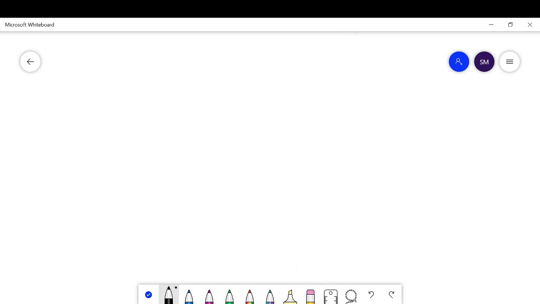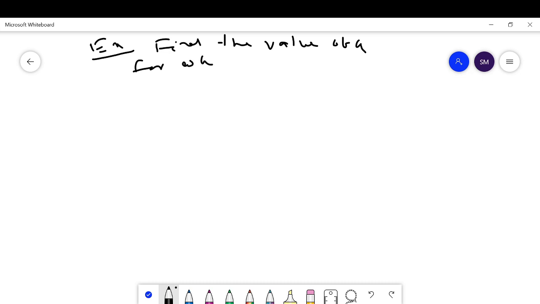Here the question asks: find the value of K for which the given system of equations has no solutions.